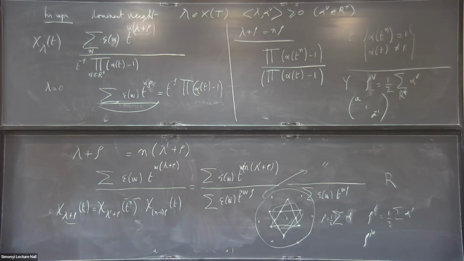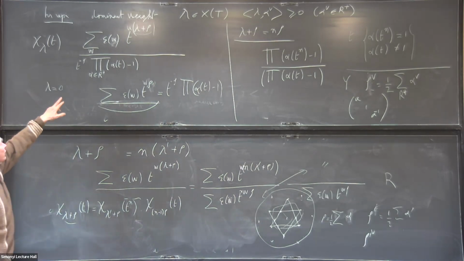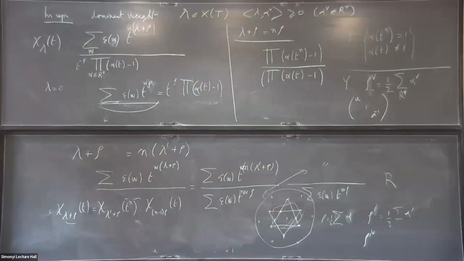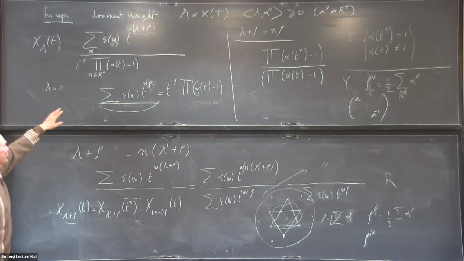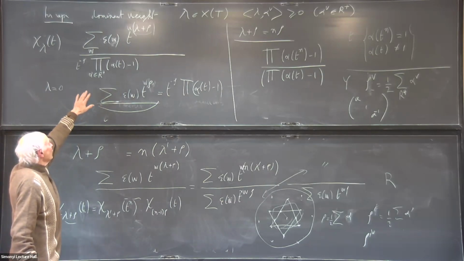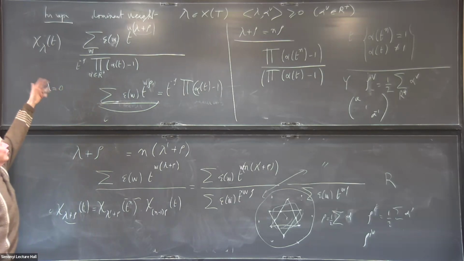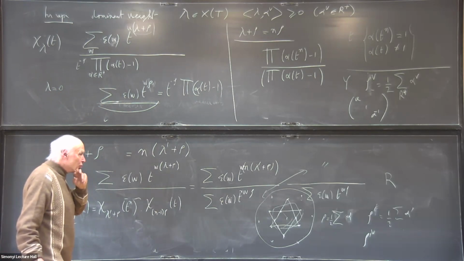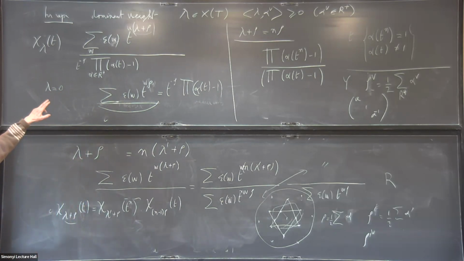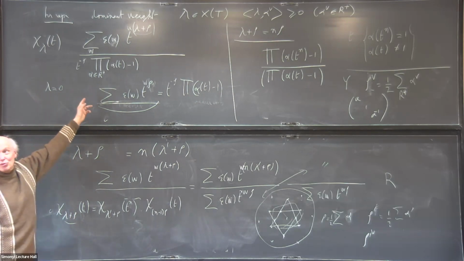So that's 2. Now, another thing is that in the character formula, if you look at what happens at some point, you have used the locus where the alpha of t are 1, as zeros of what happens above. Now, if you look only at the finite order points, just the same reason will tell you that the sum above will vanish at some points where there is no root vanishing.